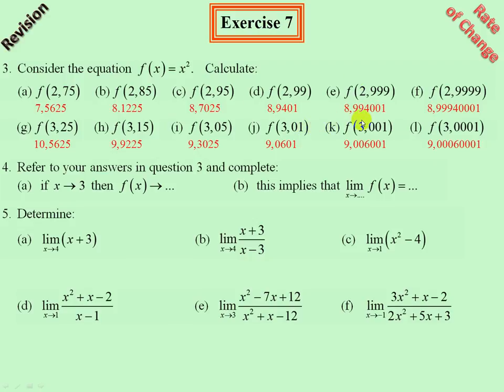It's just a case of substituting. You'll notice that we're approaching closer and closer to 3 from the bottom, and closer and closer to 3 from the top. Left limit, right limit. And you'll see what we're going towards, hopefully. If x tends to 3, then f of x tends to 9, and the limit is 9.